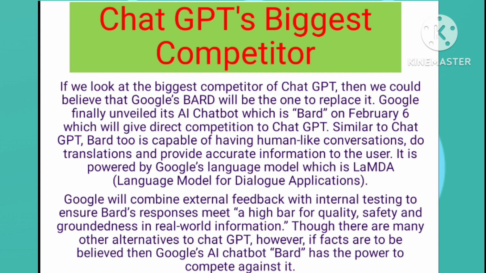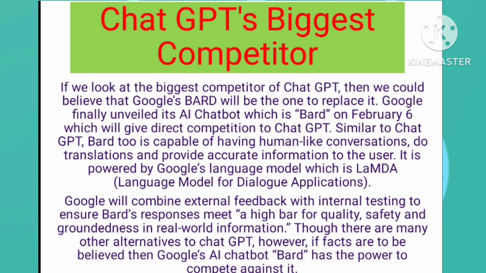It is powered by Google's language model, LaMDA. Google will combine external feedback with internal testing to ensure Bard's responses meet a high bar for quality, safety and groundedness in real-world information. Though there are many other alternatives to ChatGPT, if facts are to be believed, then Google's AI chatbot, Bard, has the power to compete against it.